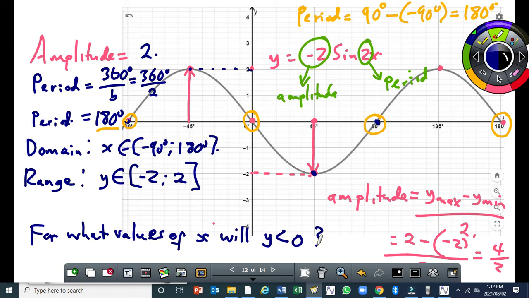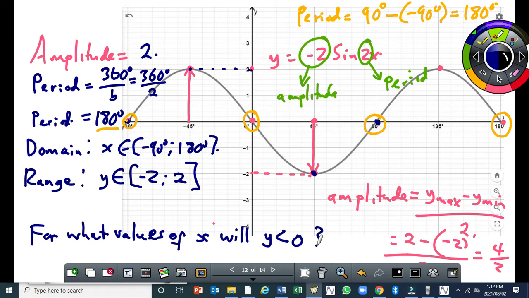It's not one value or two values. It's an interval. 0 and what? And 90. Sorry, you should know.